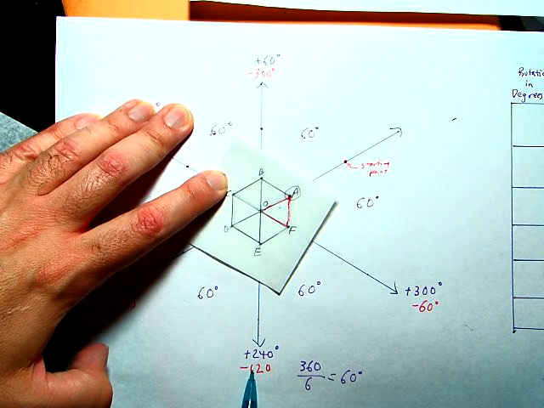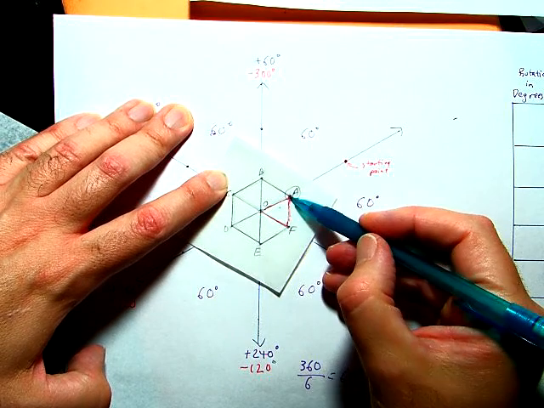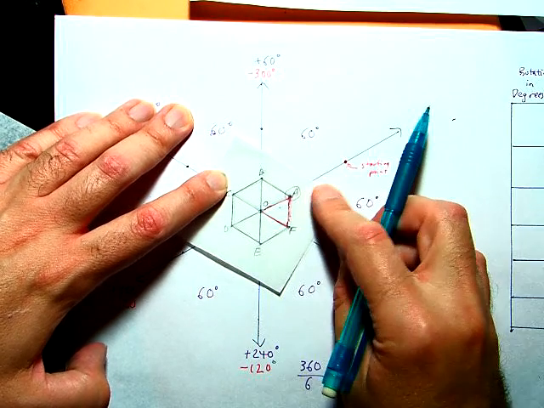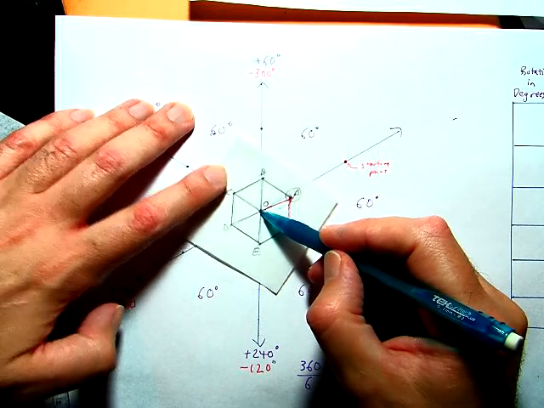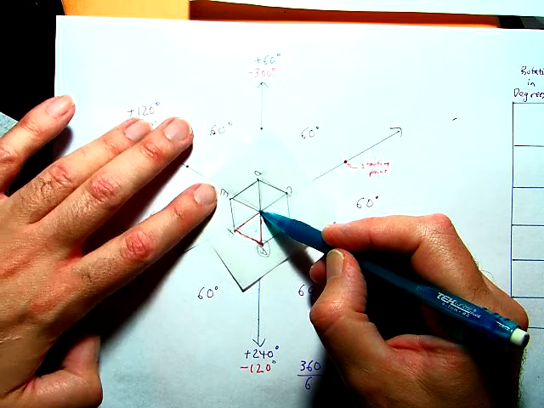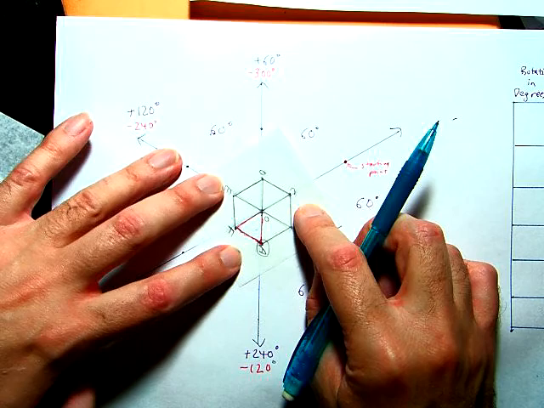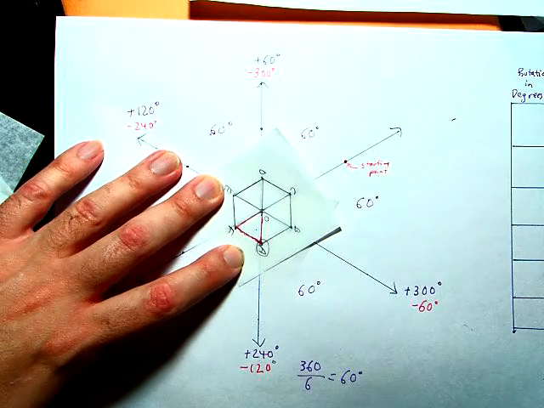This is negative 120 right there. So we've got to take A, which is the starting point, and rotate it around to negative 120 degrees like that. Okay, and now we are in the correct position that we can answer the question.